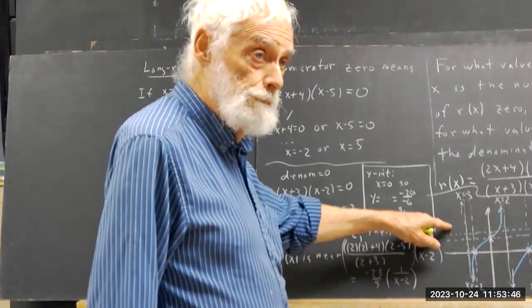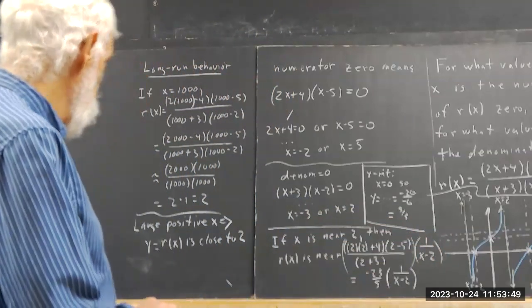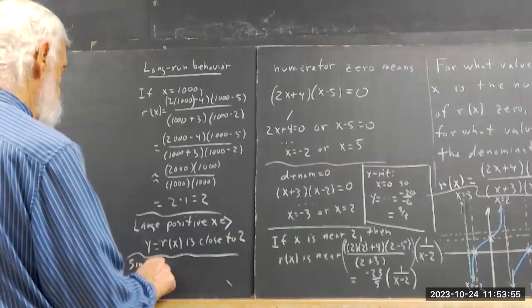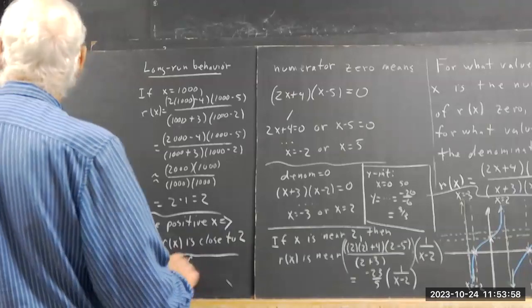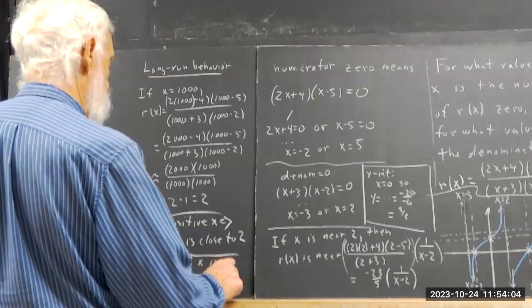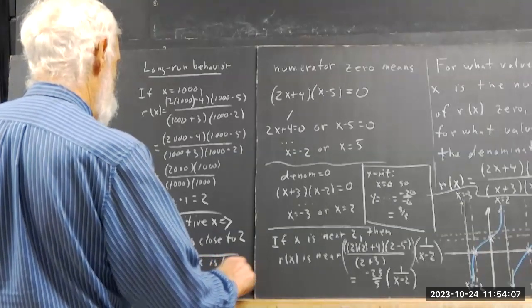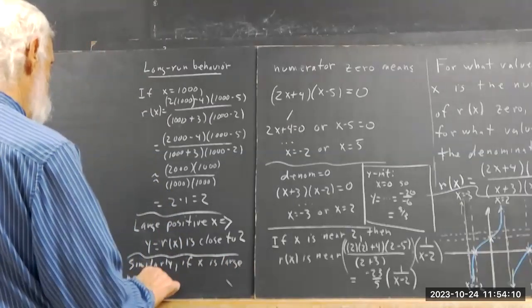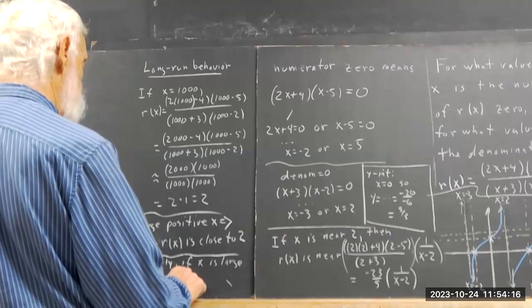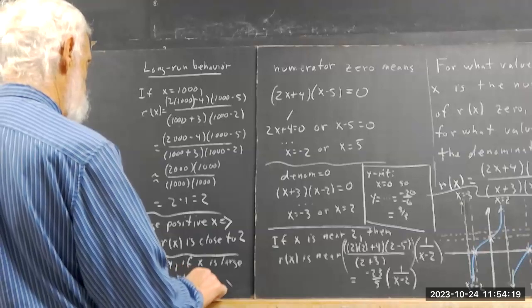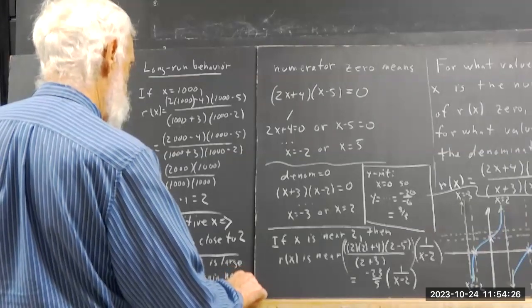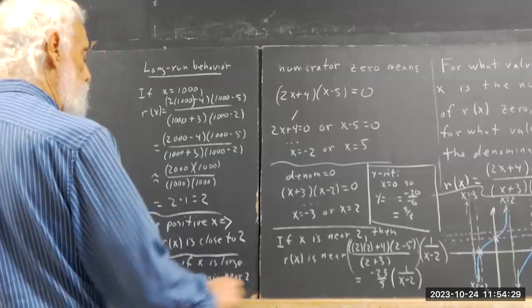On this side, I'll just write similarly, x is a big negative number. Our y is again near 2.